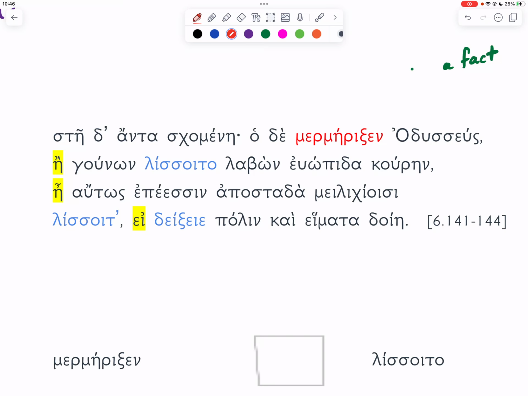And now I have another optative, which is this one, deixeia, and it's introduced by the word ei, which means if. And that, remember, introduces what's called a subordinate or dependent clause, because it can't form a real sentence.